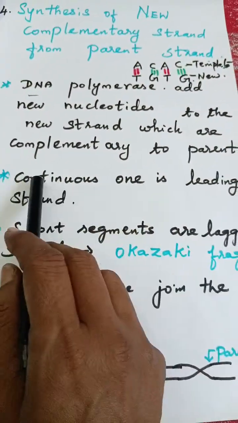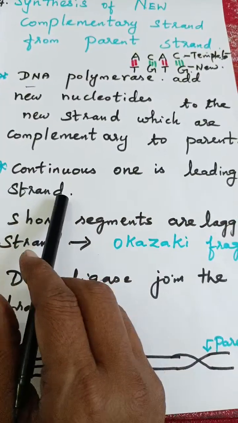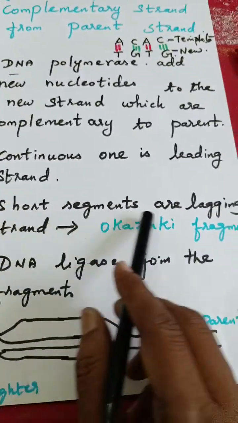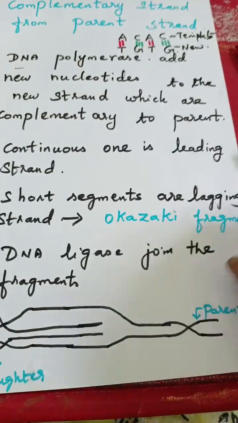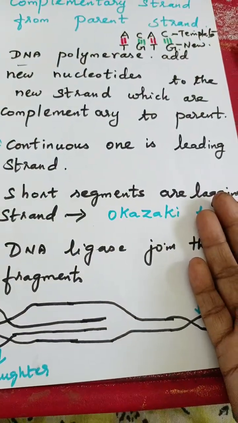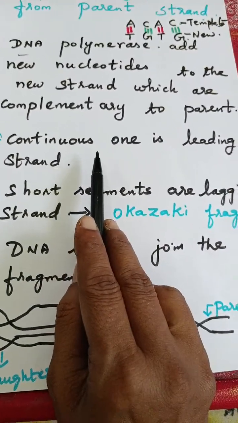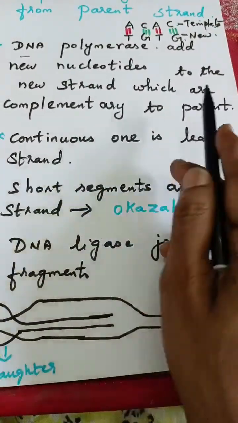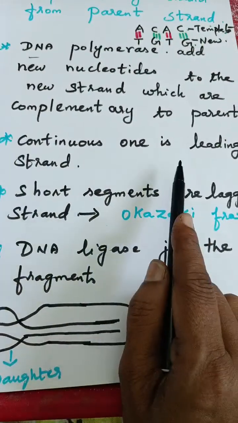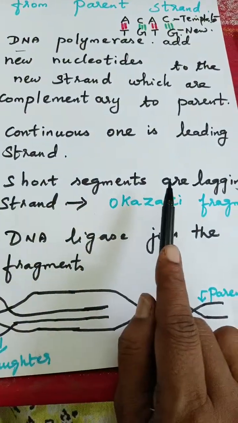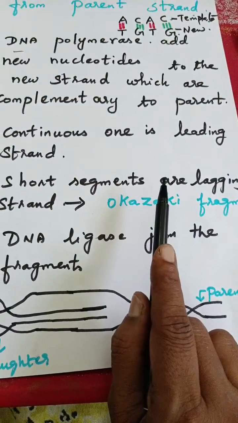The continuous one is the leading strand, whereas short segments will be formed on the other. All of a sudden the DNA can't produce a continuous strand. One nucleotide strand will be continuous, and the other nucleotide strand will be discontinuous.